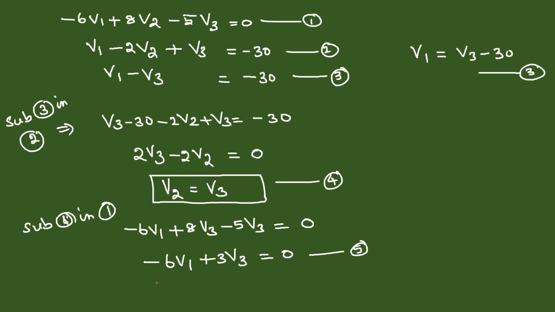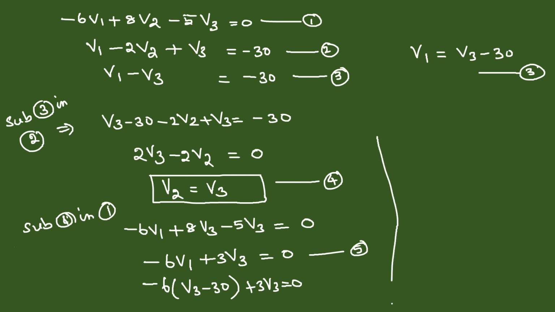And in this fifth equation, in place of V1, you can substitute V1 equal to V3 minus 30. So it is minus 6 into V3 minus 30, plus 3V3, that is equal to 0.